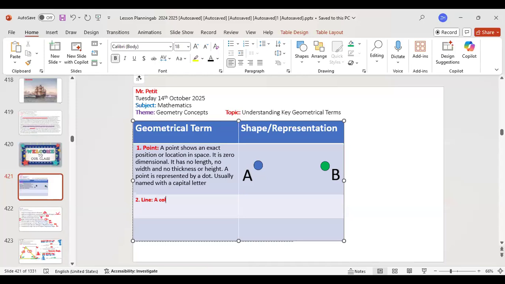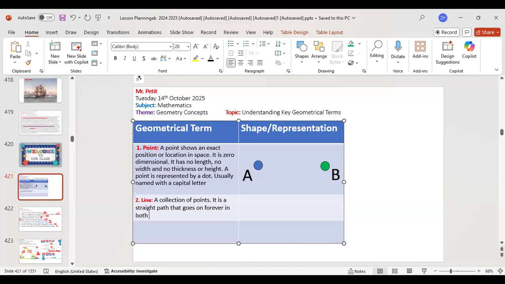It is a straight path that goes on forever in both directions.